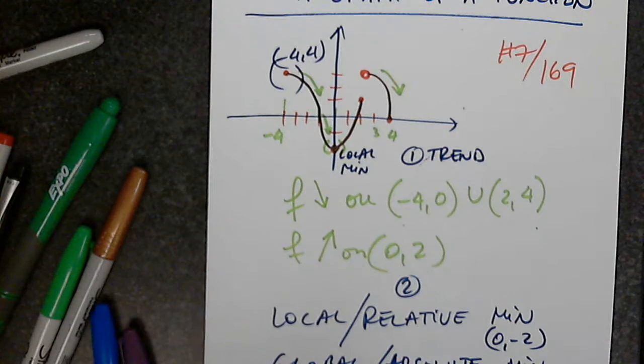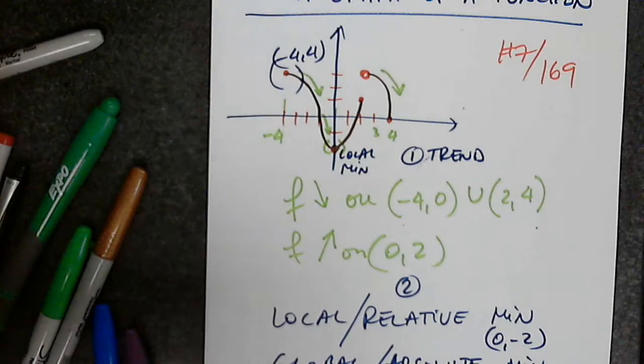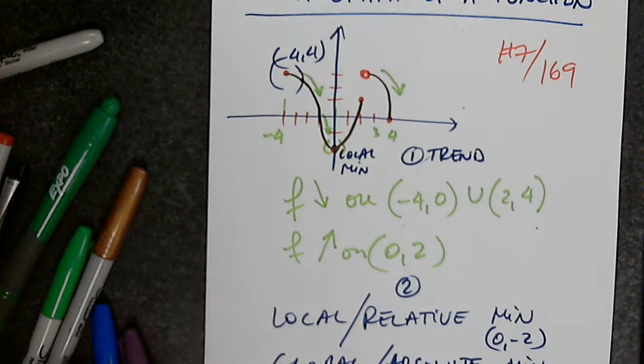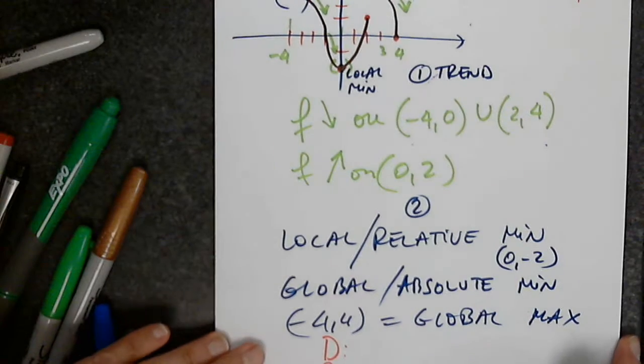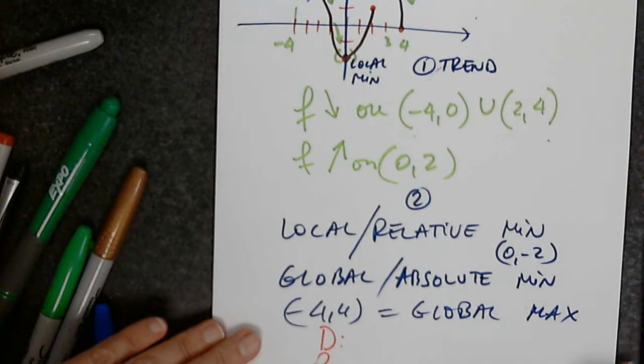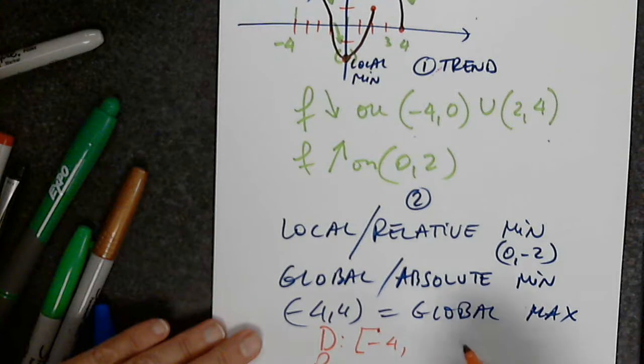Now, for this function, I would like you to give me the domain and range. Do I still have time? Yes, 3 minutes. Okay. So I would like you to give me the domain, and I would like you to give me the range for this function. Bracket -4, comma. Cross it with vertical lines and tell me where it hits.